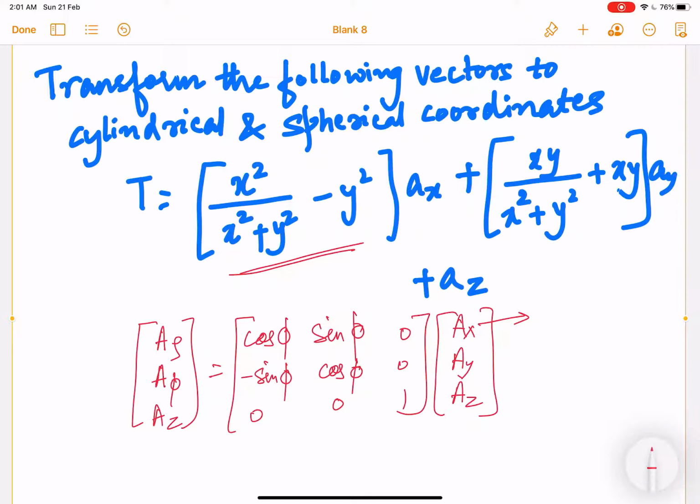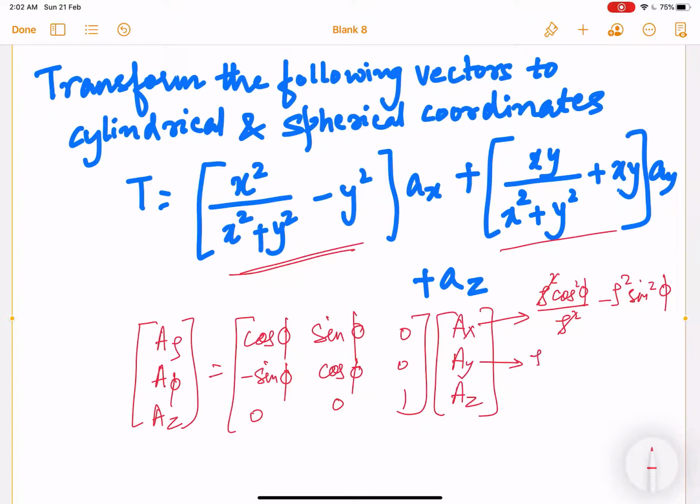In place of x square, I'll write rho square cos square phi, divided by the denominator rho square. Minus, in place of y square, I can write rho square sin square phi. So this will get cancelled. The next term I have to write is xy.